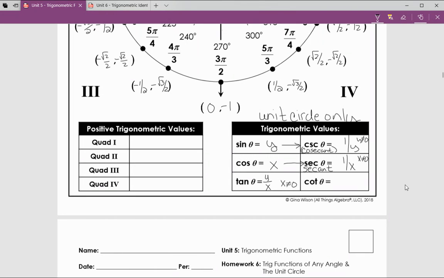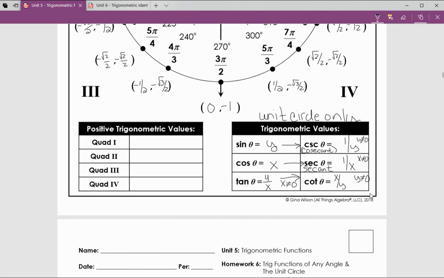Which means at some point, cosecant or secant could be undefined. All right, and then the last one is cotangent's reciprocal, which means I'm going to take the tangent fraction and flip it. So that would be x divided by y, as long as y does not equal 0. So those are your 6 trig functions.